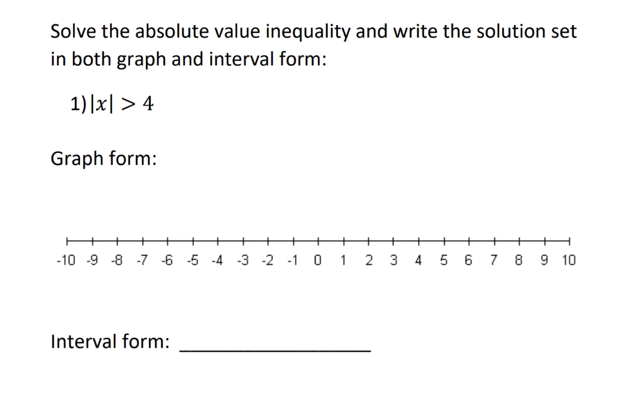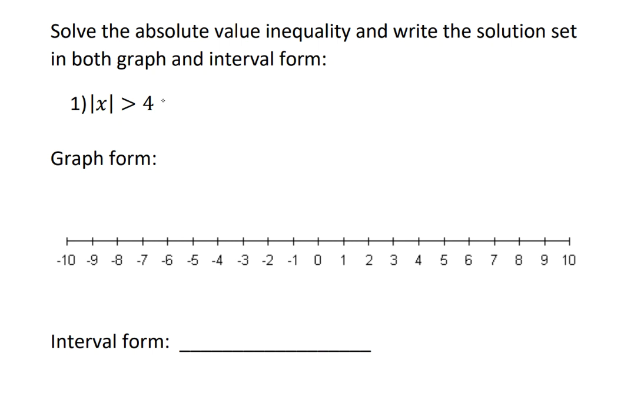All right, here is an absolute value inequality, and we are to write the solution set in both graph and interval form. So in this inequality, we have the absolute value of x is greater than 4. So we have to take this out of the absolute value symbol, and we're going to write it twice.